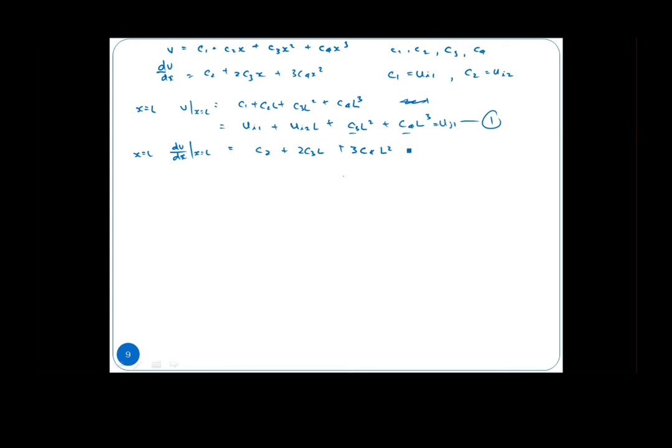So we have ui2 plus 2c3L plus 3c4L squared, which will be equal to uj2. So that will be my second equation.